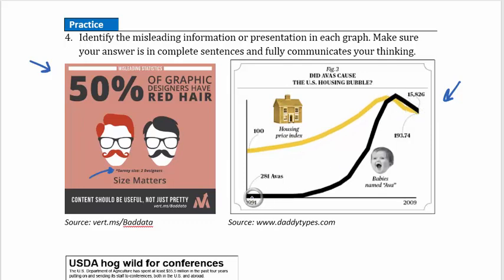You can see here the babies with the name Ava in 1991 started out really low, and they climbed right up until 2008, and then they also declined. So this graph and this theory is that when people stopped naming their kids Ava, the value of homes went significantly down. So take a moment, think about why that is misleading or what's wrong with that presentation.